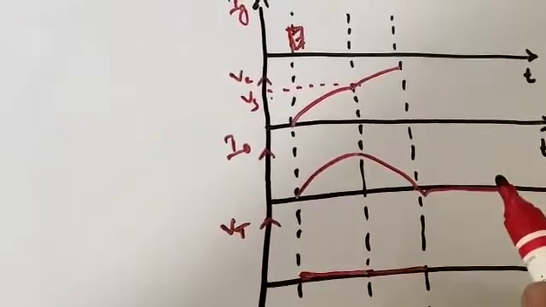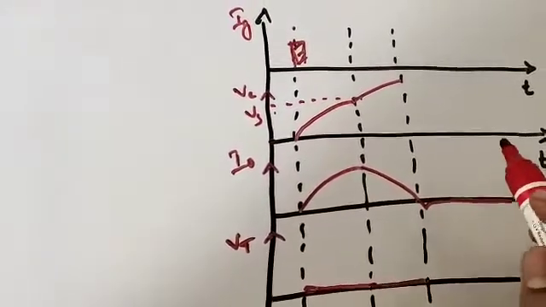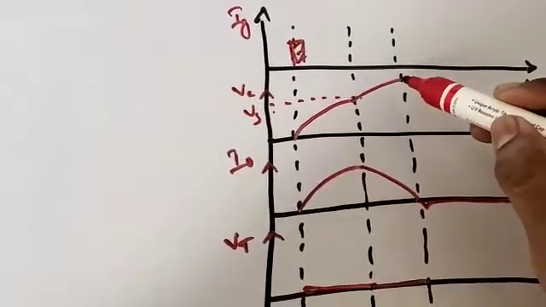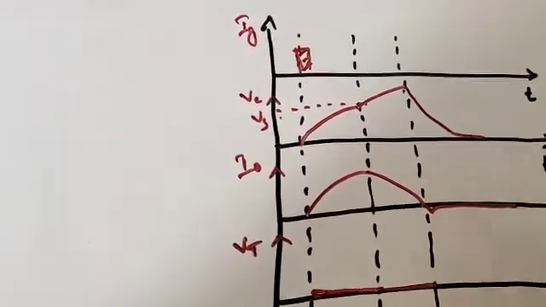The output current will be 0. The SCR becomes off and the capacitor starts discharging like this. This is the condition.